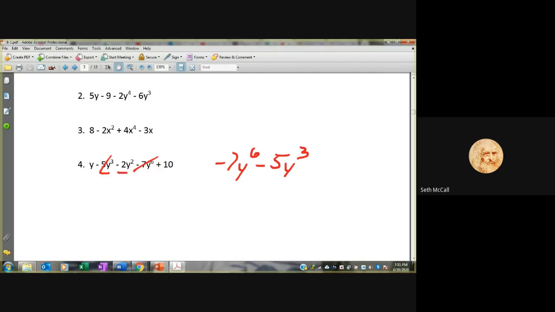Then we have this one, minus 2y squared, cross that off. Now this one's a little tricky, but that's just a 1y. It's a plus 1y, or you can just write plus y. Cross that off. And lastly, we have this plus 10. And there you go. It's ordered, highest power to lowest power. That is, again, called standard form.